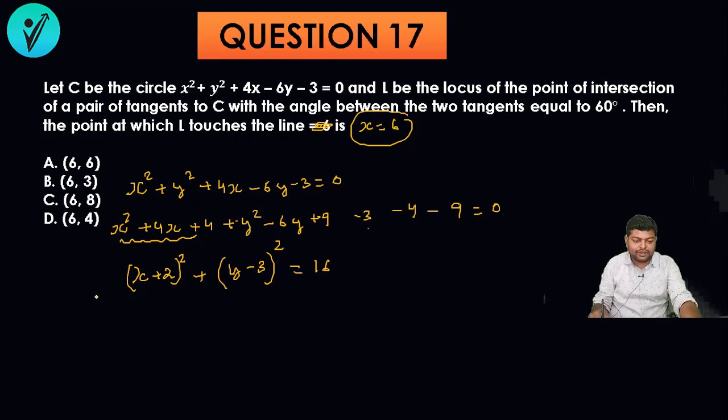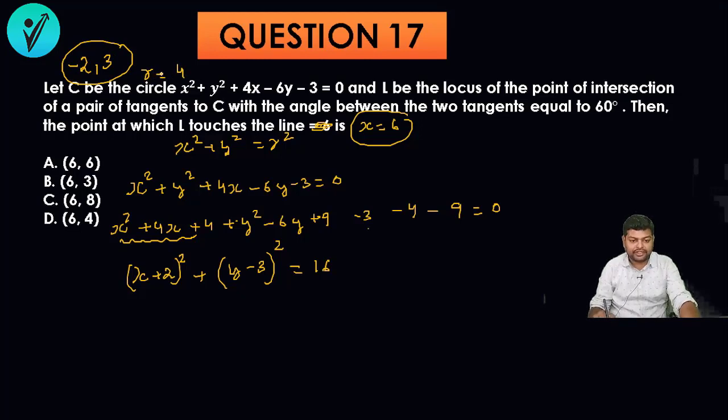Comparing it with the general equation of a circle, we can say that we will be having a circle, the center of which will be minus 2 and 3, and the radius of the circle will be 4. So first of all, I had this equation of the circle, I simplified it, compared it with the general equation of the circle, and now I'm getting the points.